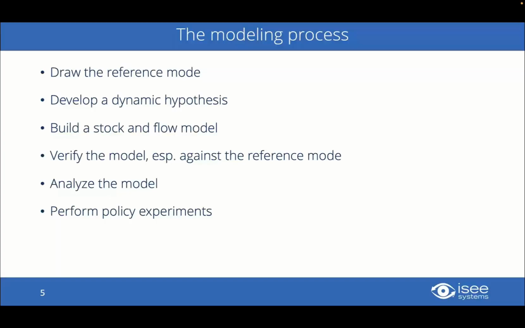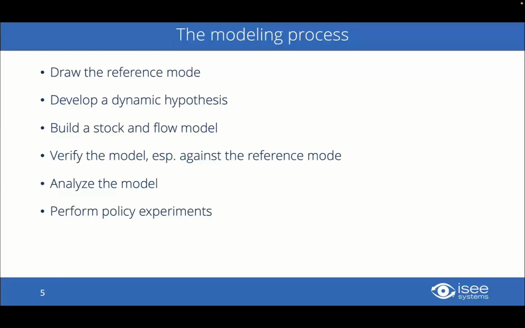And then we work to verify that quantitative model against the reference mode. Hey, does this model actually reproduce the problem? Does it do it for the right reasons? Is this a model that I have any confidence in? From there, you move into analysis in the form of sensitivity or certain kinds of optimization. And then we move into policy experiments.